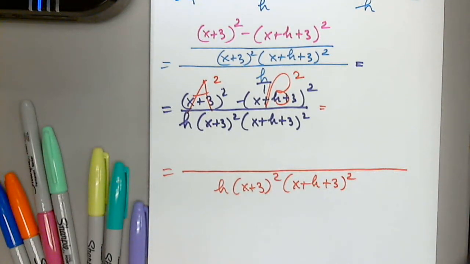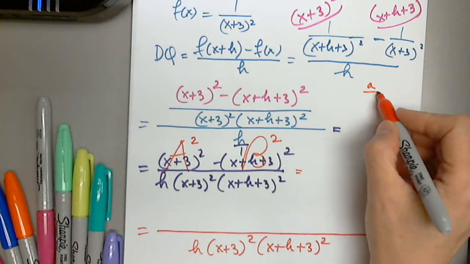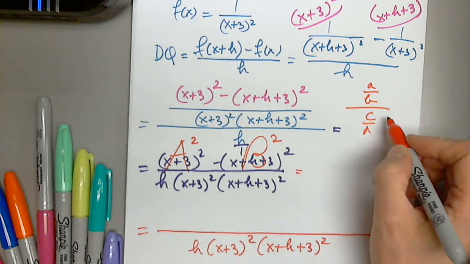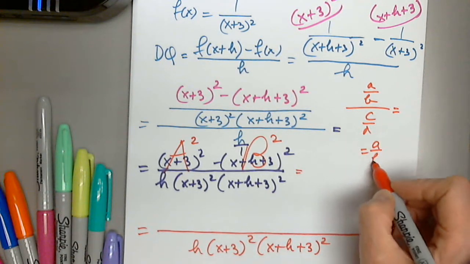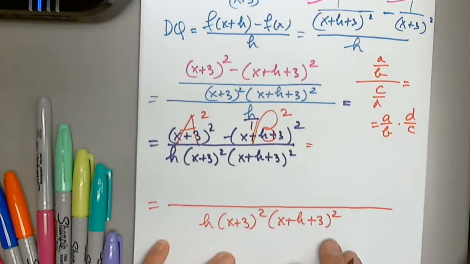The denominator. I divide two fractions. I keep the fraction from the top, and I flip the bottom. So dividing by h is the same as multiplying by 1 over h. When I divide a over b by c over d, I copy a over b and multiply by d over c.